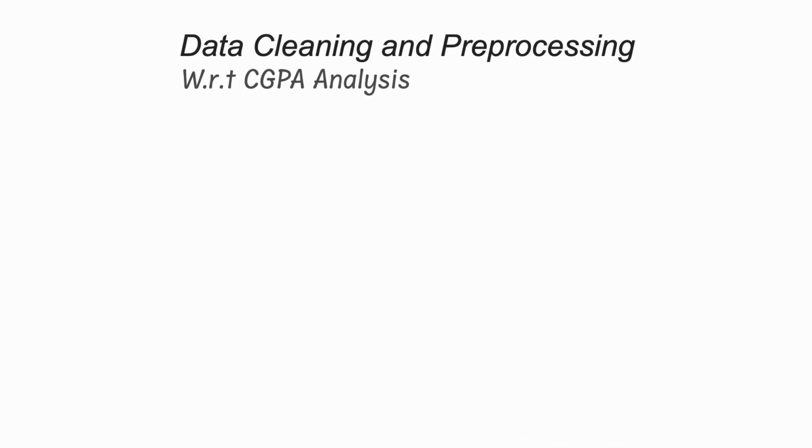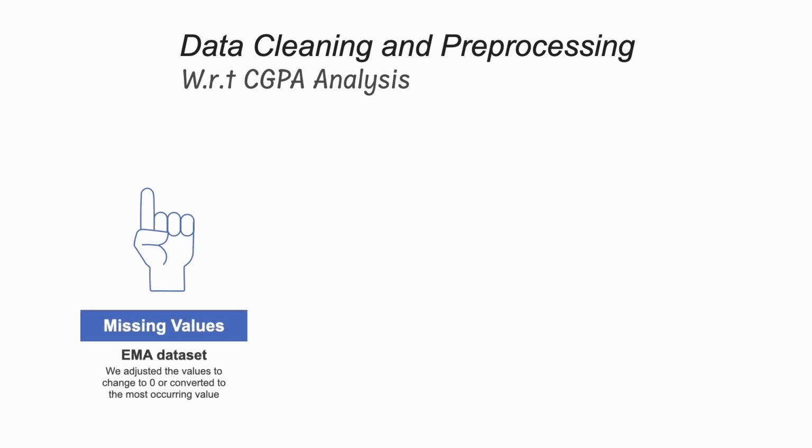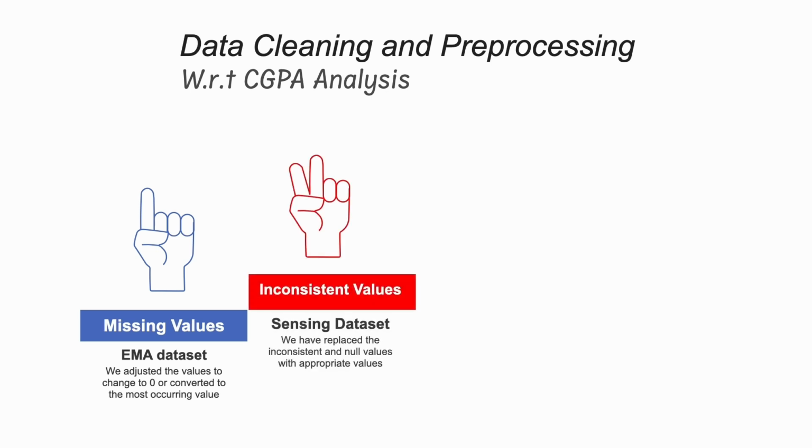Let's look into our CGPA project and see what we can do in the context of data cleaning and preprocessing. Firstly, we handled missing values in the EMA dataset. We adjusted the values to change to 0 or converted to the most occurring value. Then we removed the inconsistent values from the sensing data dataset.